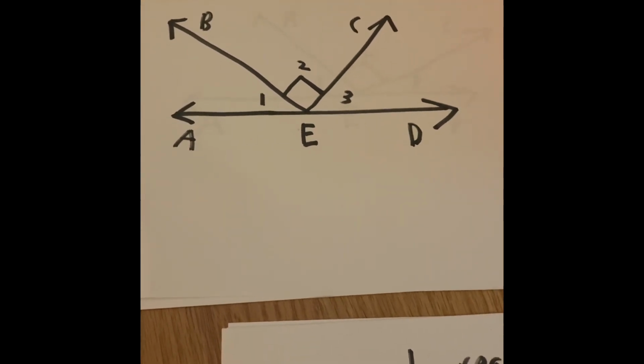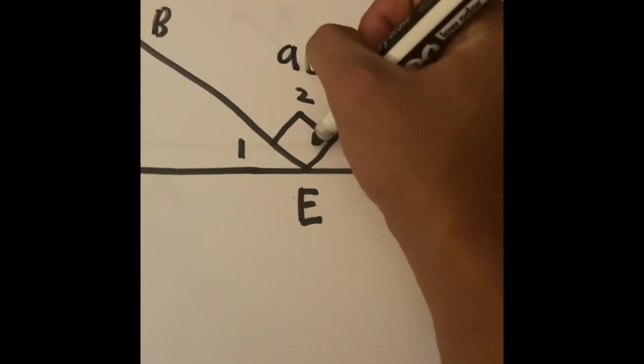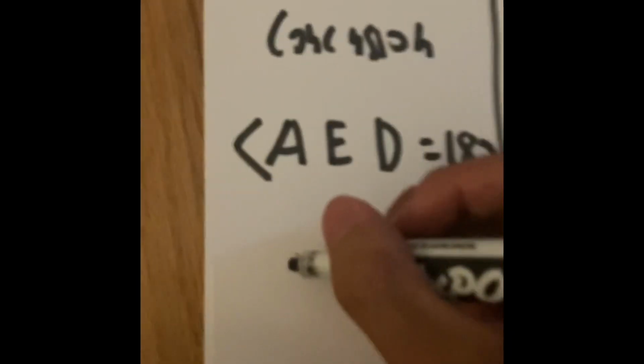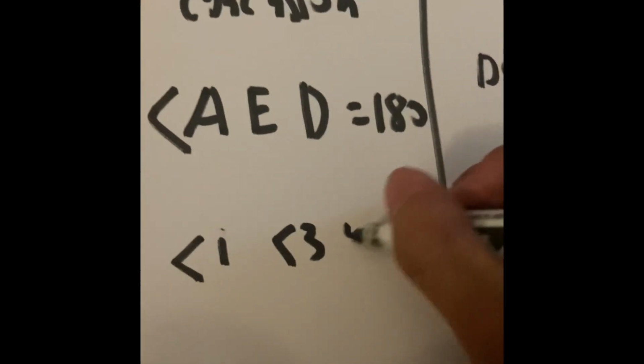So that can be an example of what we can conclude about this diagram. But hang on. This is 90 degrees because it has a box right here. Can't we say that angle 1 and angle 3 are 45?